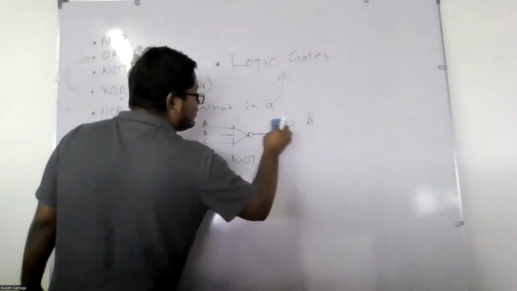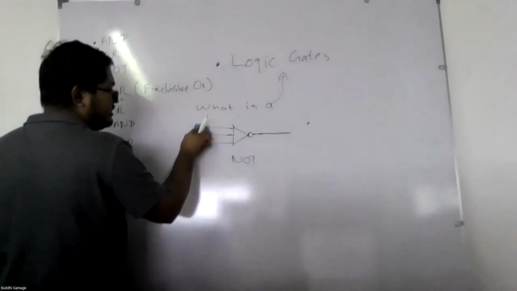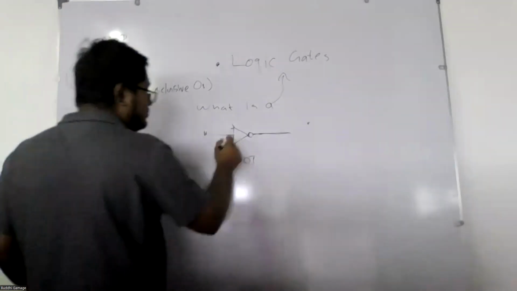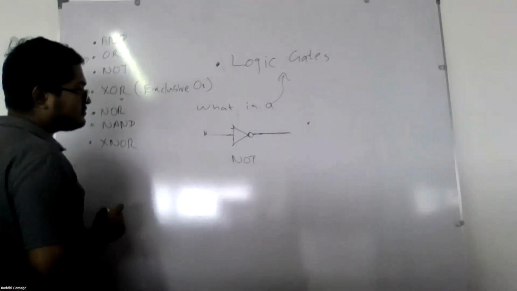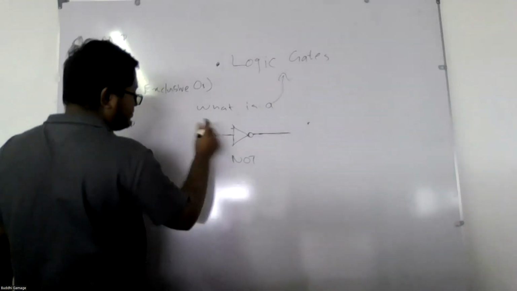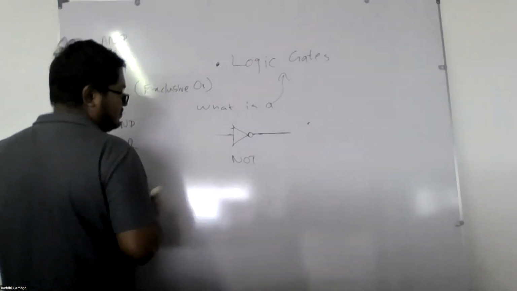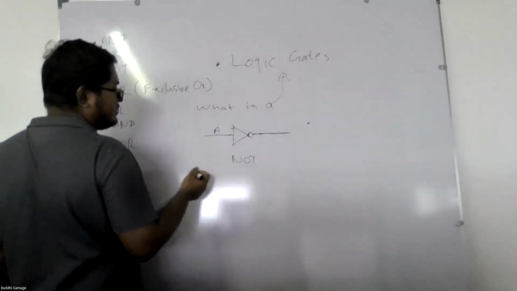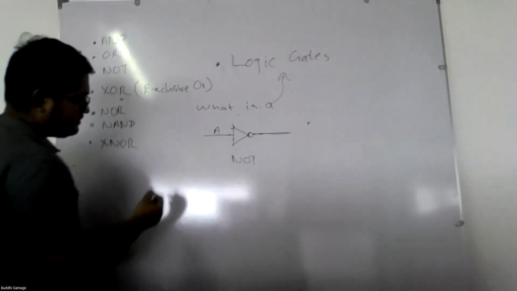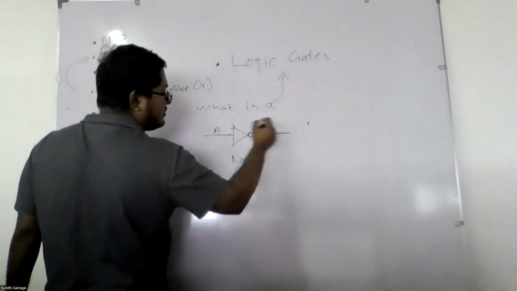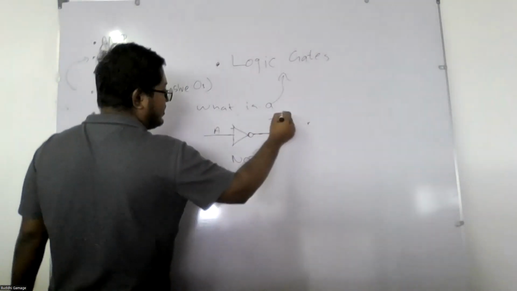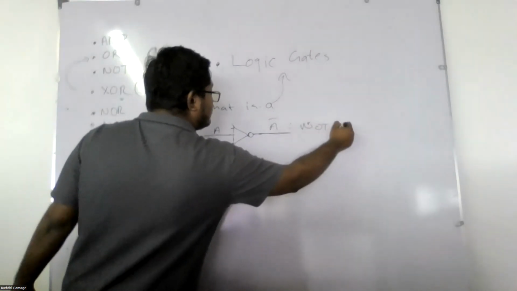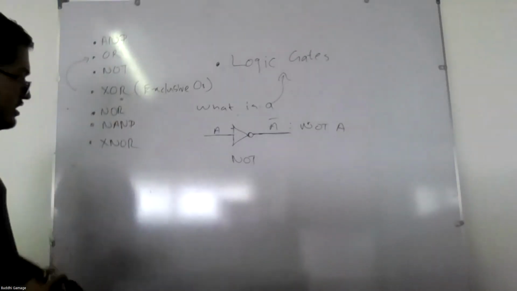For the NOT gate there can be only one input, because we cannot apply any operators. So for the NOT gate it will be only one input. Let's say A, then the output is A bar, that is, we can say it is NOT A, right?